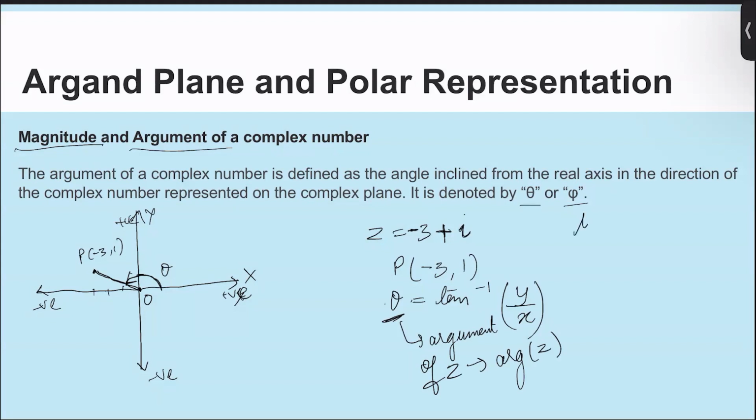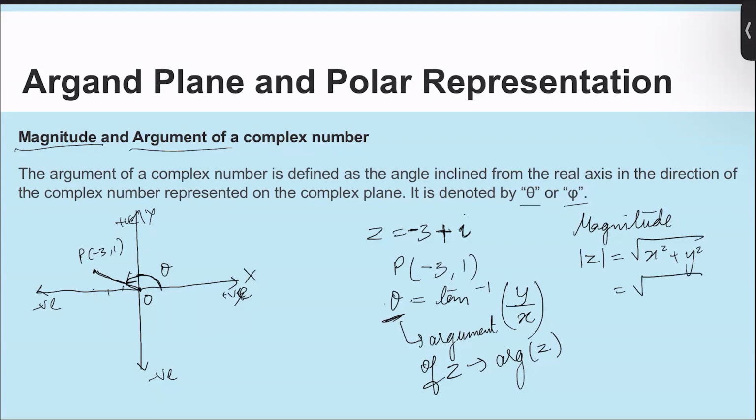So then what is magnitude? Magnitude is similar to how we were finding the length of the point from the origin. It is also the mod of z. Magnitude is the modulus of z, that is the square root of x squared plus y squared.